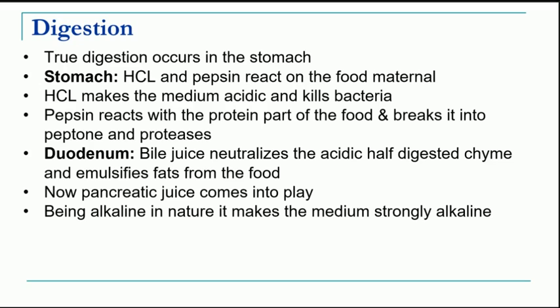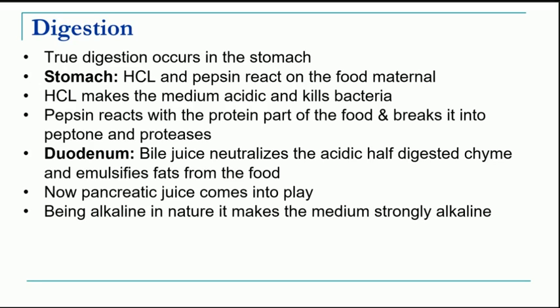Now the next phase of the digestion starts in the duodenum, where the bile juice, already secreted from the liver, neutralizes the acidic part, and the digested chyme is now emulsified. So it emulsifies the fat part of the food. So the pancreatic juices now come into play.